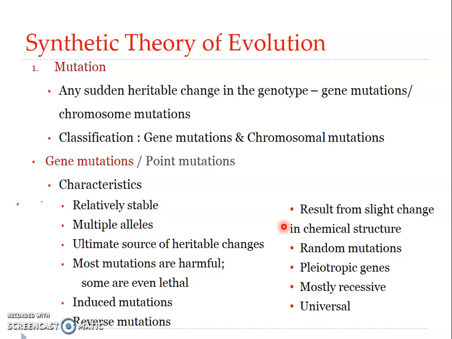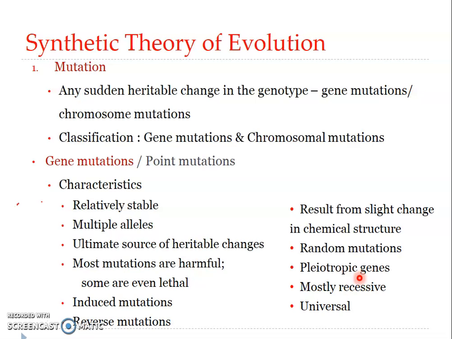Then some mutated genes may be pleiotropic. Pleiotropic in the sense it can affect more than one character. For example, the allele that produces vestigial wings in Drosophila also causes a modification in the balance organs.